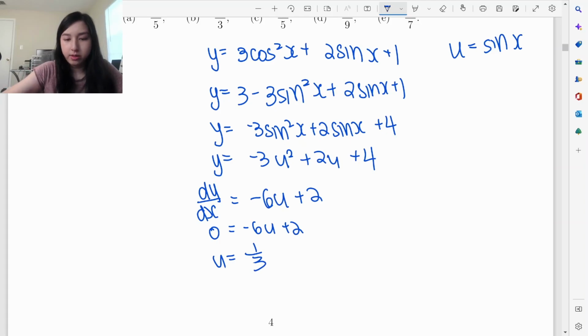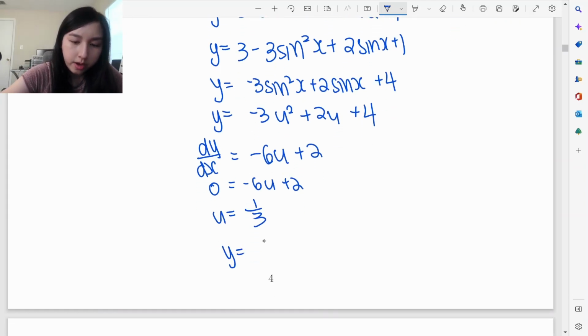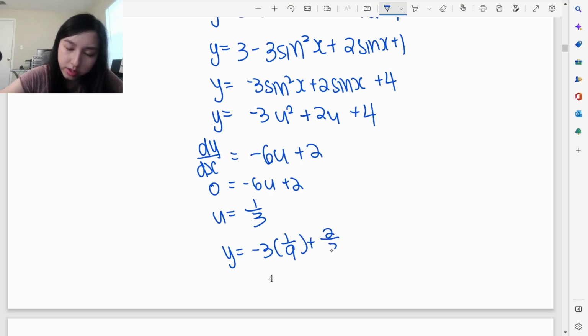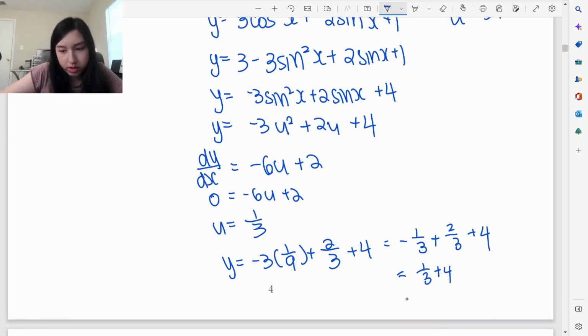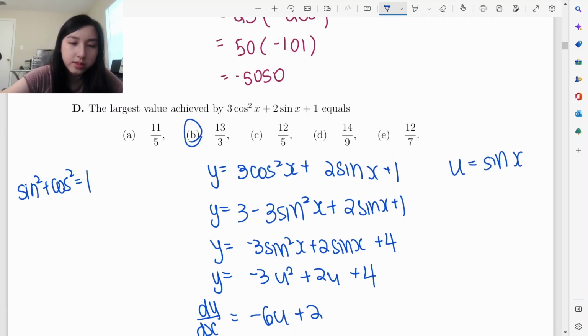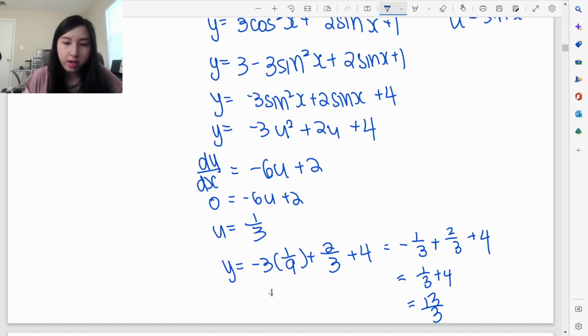So we just have to plug in 1/3. Y equals negative 3 times 1/9 plus 2/3 plus 4, which would be negative 1/3 plus 2/3 plus 4, 1/3 plus 4, 4 and 1/3, which is 13/3. Alright, 13/3. So that's for this page.